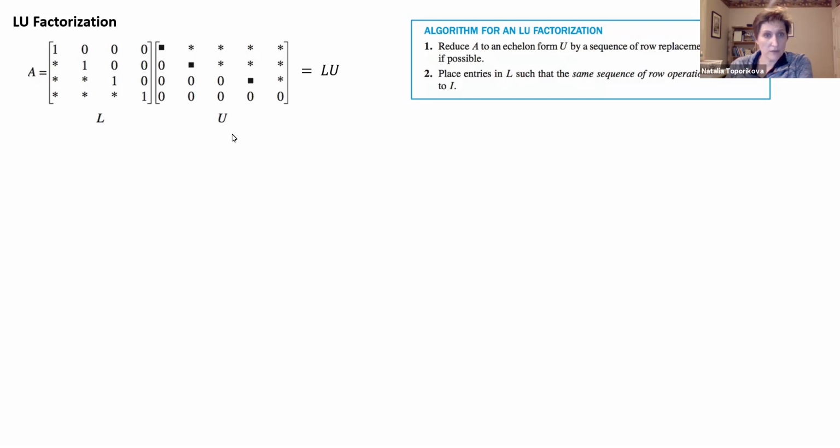For example, matrix U is your echelon form matrix, and matrix L has a very interesting form. It's called a triangular matrix, which means that it has ones in its diagonal elements and zeros above them. To find this LU factorization, we can apply the LU algorithm, which consists of only two steps.